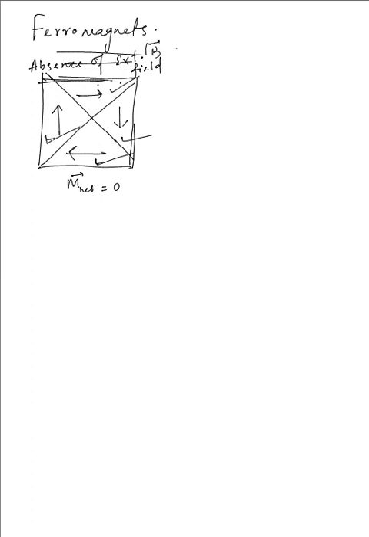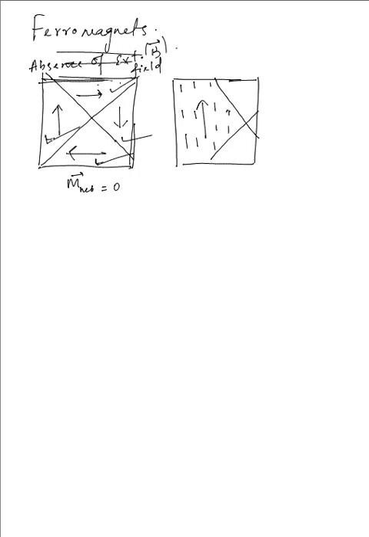Of course, as they are exposed to the external magnetic field, gradually the area of this alignment changes. So this is now having a greater area, that is, all the dipoles up here in this region are now directed.